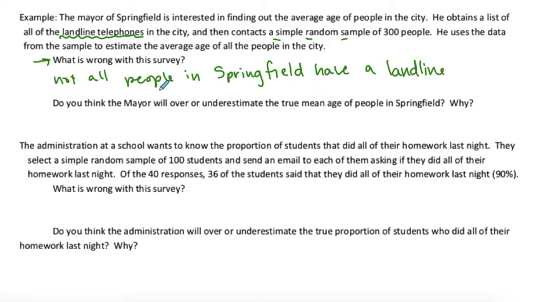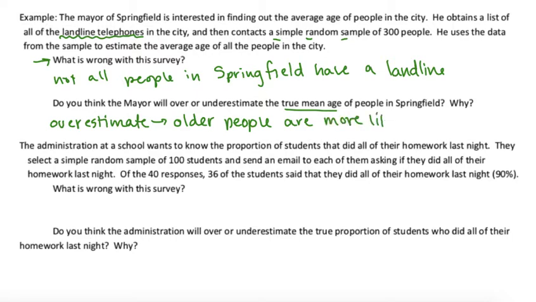So if he does go through and do this survey, do you think the mayor would over or underestimate the true mean age of people in Springfield? In this case, I think he would get an overestimate. The reason I say that is because older people are more likely to have landlines.